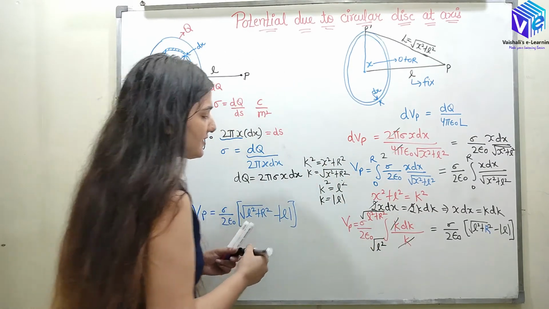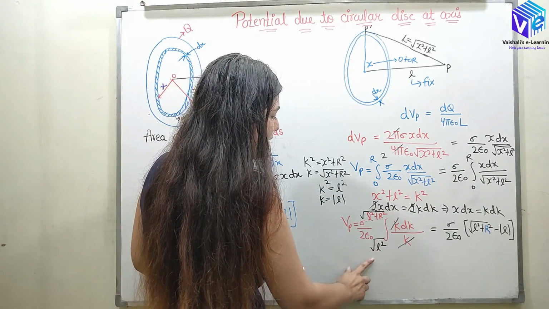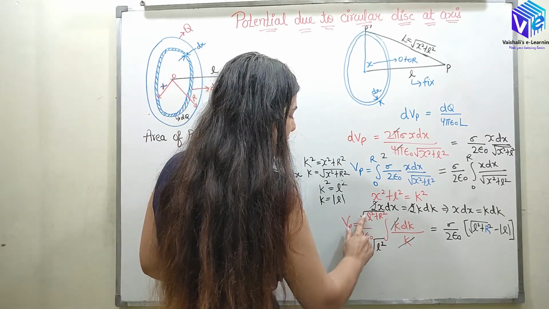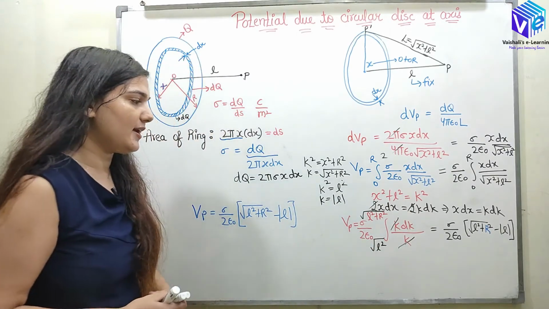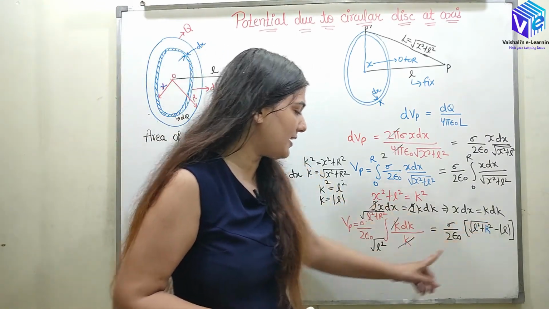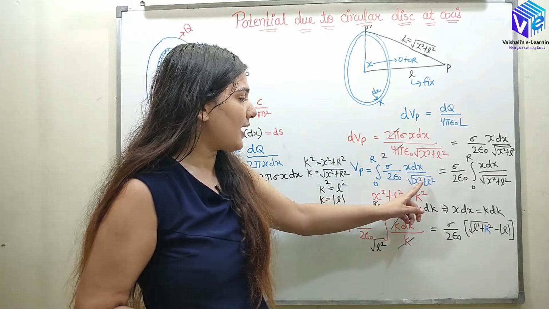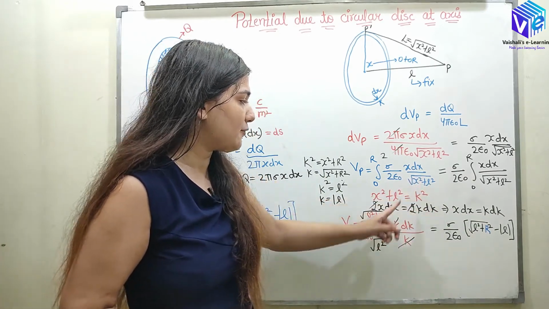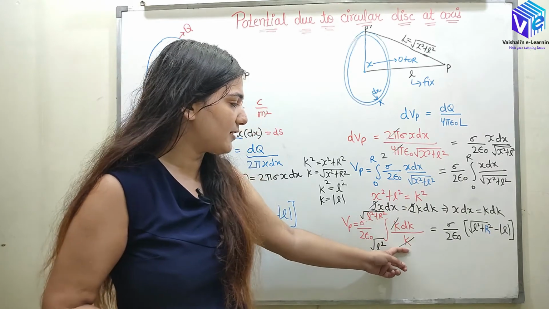So my new limits are from mod of L, or under root L square, to under root L square plus r square. Instead of x dx, I will put k dk, and under root x square plus L square will be under root of k square, which is equal to k.